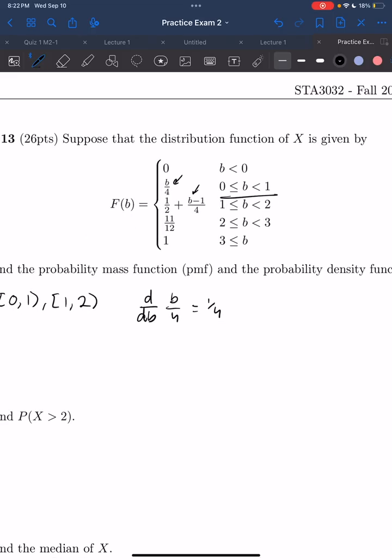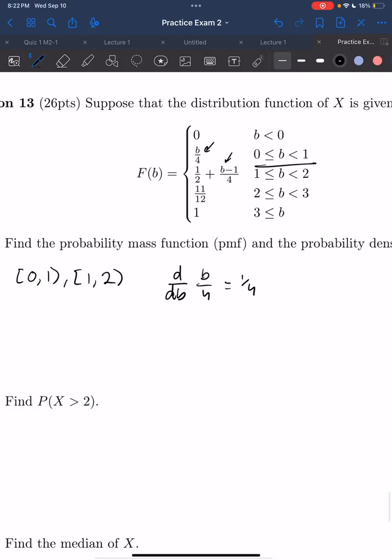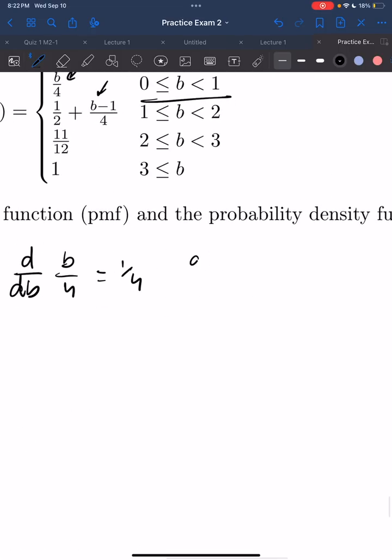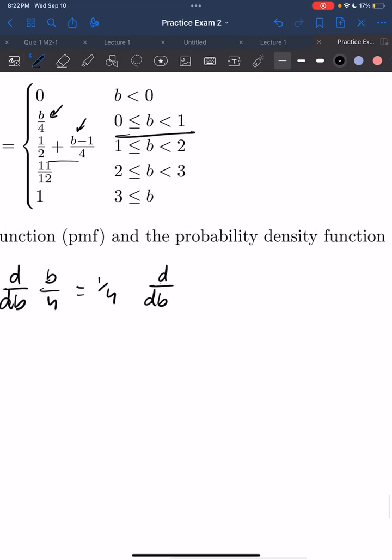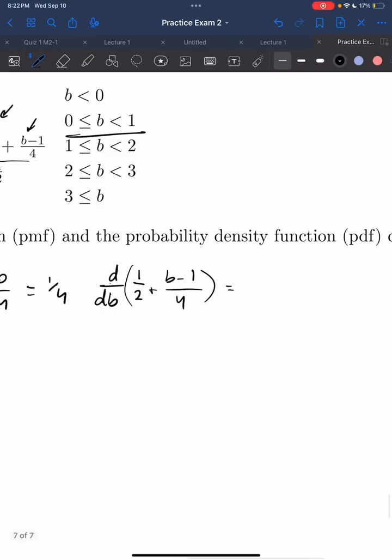And then we have the derivative for our other function, so that's 1 over 2 plus b minus 1 over 4, and that is also equal to 1 over 4.